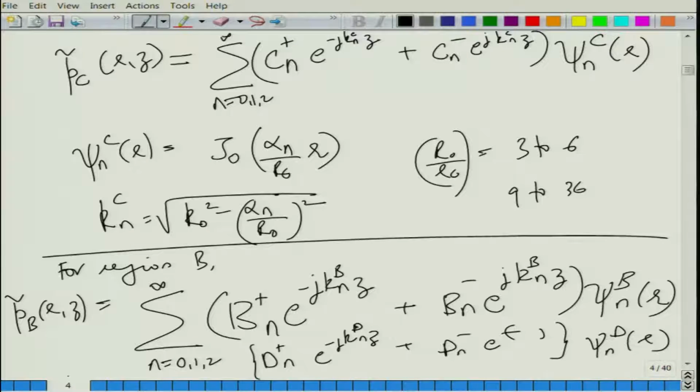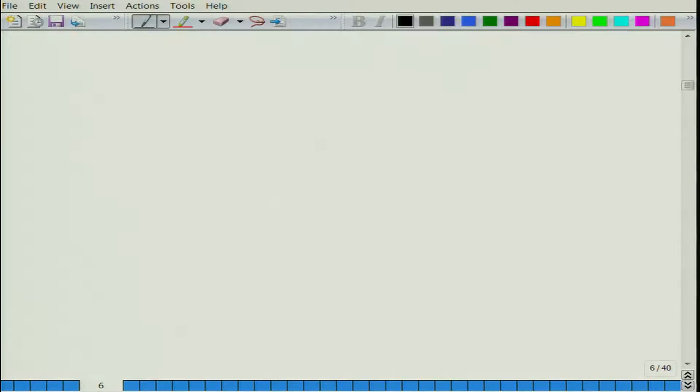For proceeding ahead we need the matching conditions. Right now, for the first time after all this background, I am presenting to you some matching conditions. Let me draw this again. Let us focus only on the extended inlet.